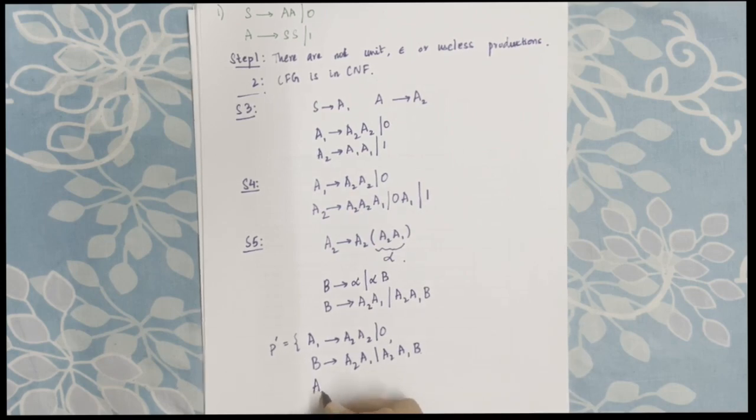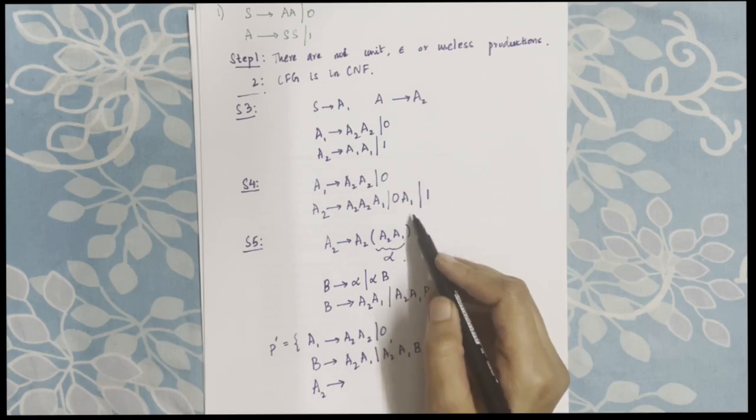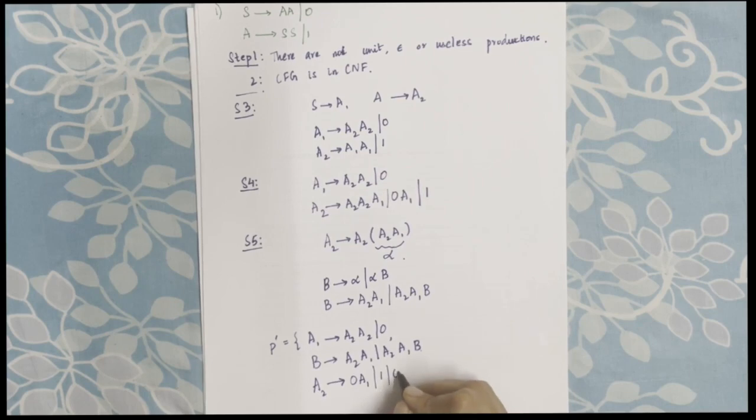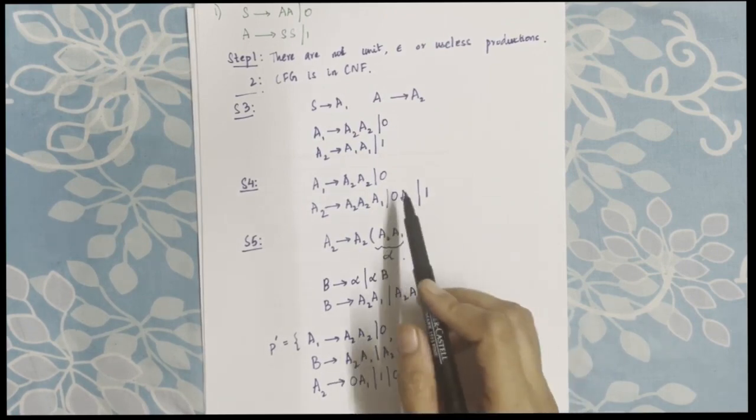So A2 gives 0 A1 or 1. And I also get 0 A1 B, 1 B, because I introduced a B here.